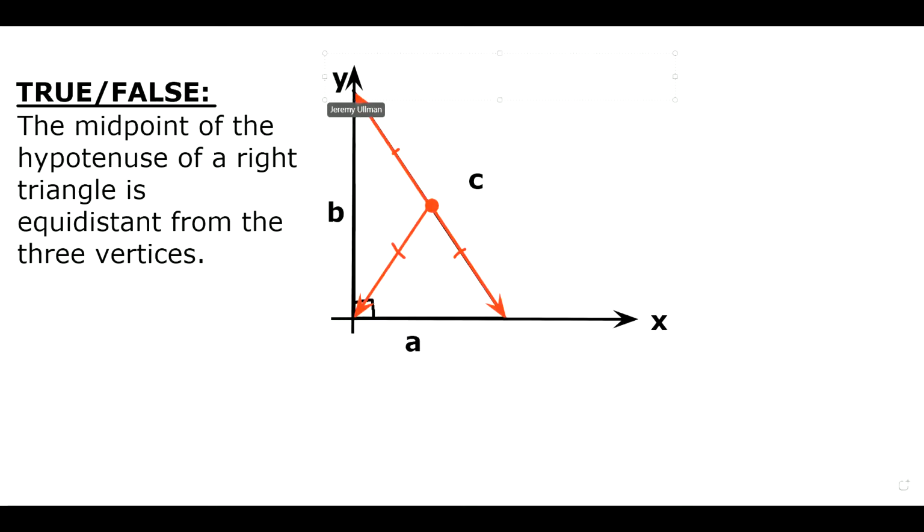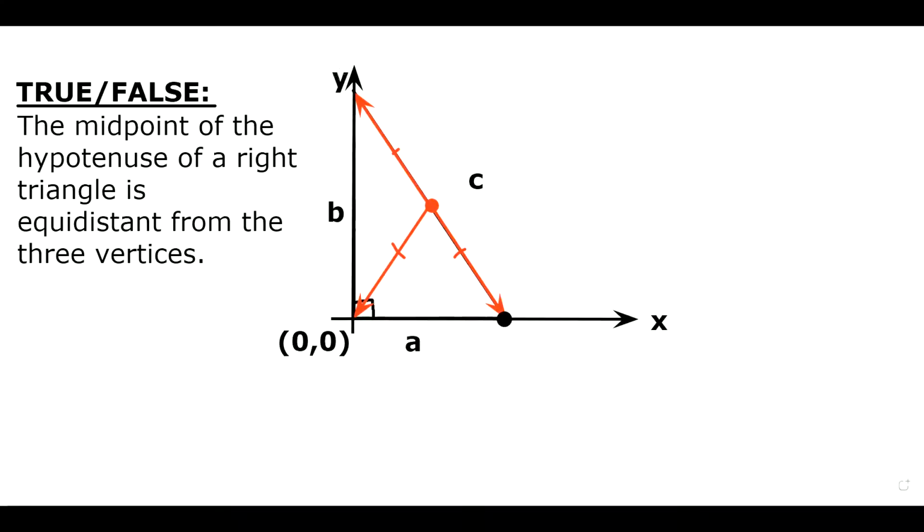And if we do that, we could start to label coordinates for each of the points of interest. We have our good friend, the origin here at 0, 0. We've also got this coordinate here at the end of the bottom of the triangle, which is our coordinate a units away along x.